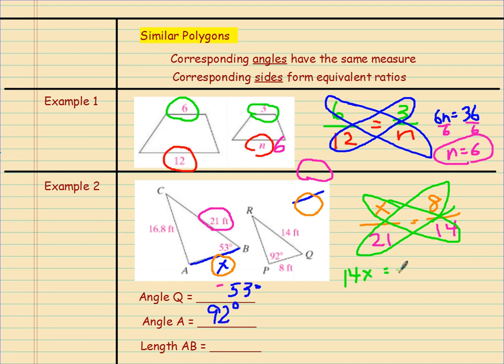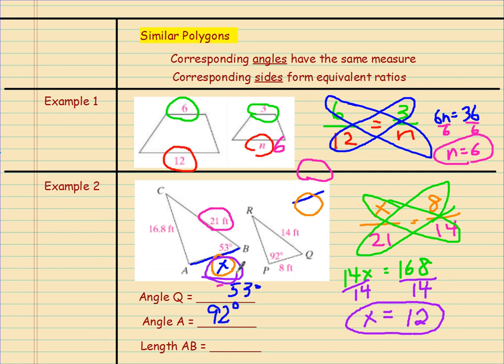And 8 times 21 is 168. To get x by itself, we will divide by 14 on both sides. And if you do work out the math, we get x is equal to 12. Okay, and that is the length of this x over here, the side AB. This is 12. And we want to keep the units. This is in feet, so 12 feet.